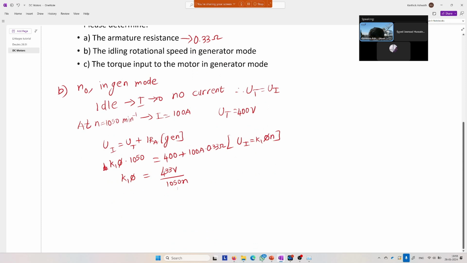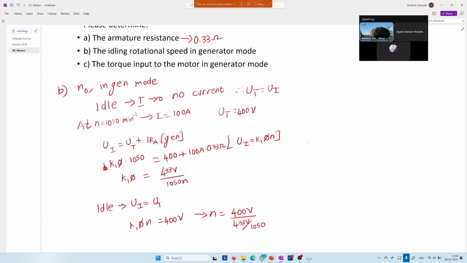And then you look at the idle case: UI equal to UT, where I RA would be zero. So K1 phi n equals 400 volts. Substitute this value and solve. So N equals 400 volts divided by 433 volts per 1050 rpm.